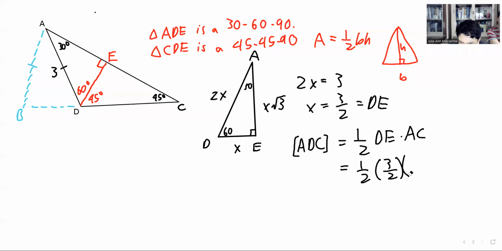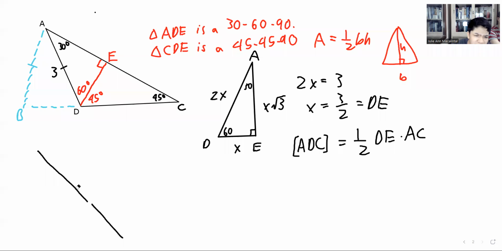Okay. We still need one variable. So again, we can split it. This is our 30-60-90 triangle part, and this is our 45-45-90 triangle. We already did the 30-60-90, so why don't we just do it?